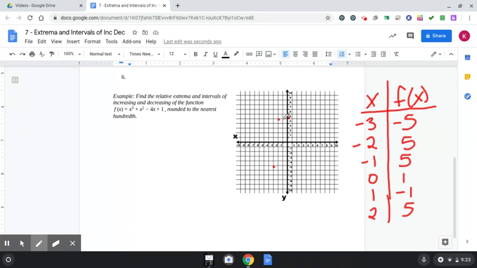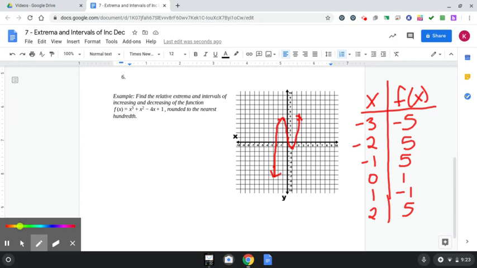Remember, they're nice curves though, so you're going to have some difference in the middle here. 0 is at 1, 1, -1, and 2, 5. Okay, so this is going to look something like this. You're going to, again, make it nice and curved as possible. Okay, make sure you put arrows on the ends of your graph, again, because your domain for these functions are going to be all real numbers.